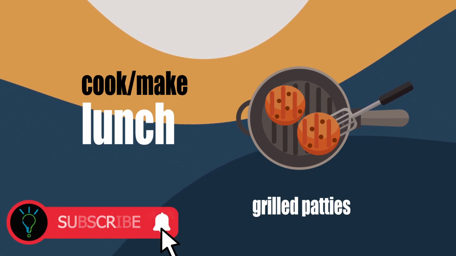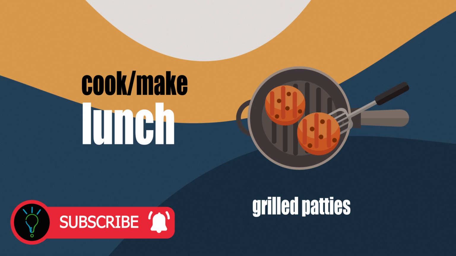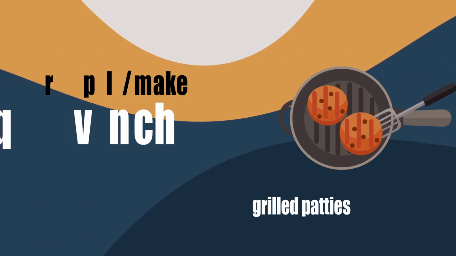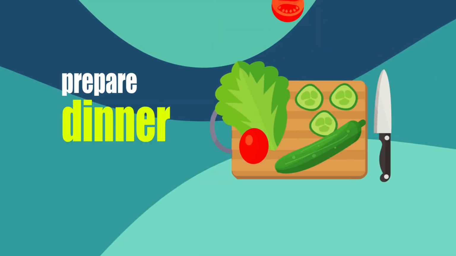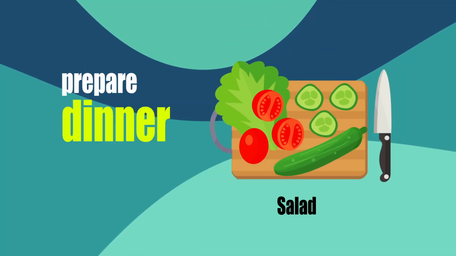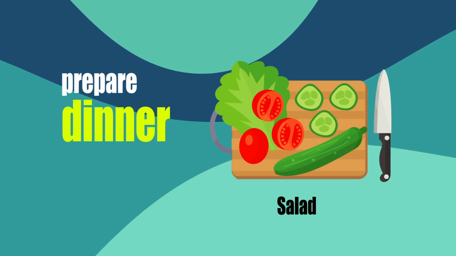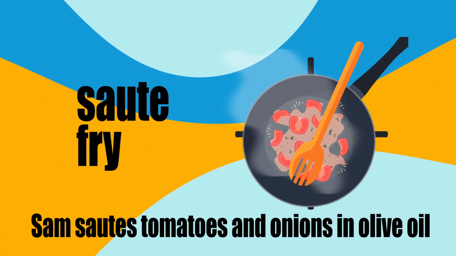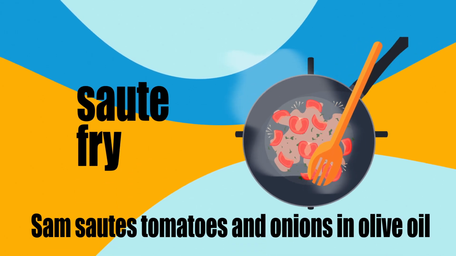For example, grilled patties. Or we can prepare a light dinner. For example, a salad. Now, if you want to prepare food, there are some important verbs that you may want to know.